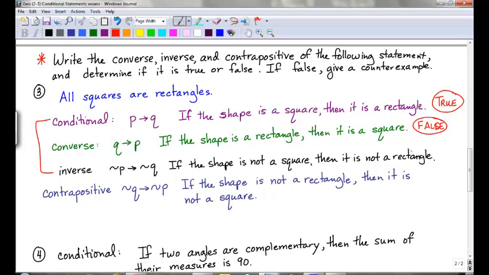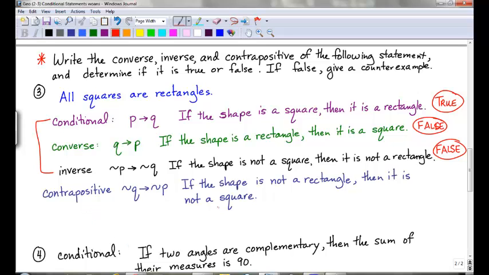If it's not a square, could it be a rectangle? Yeah, so this whole thing is false. It could be a rectangle.